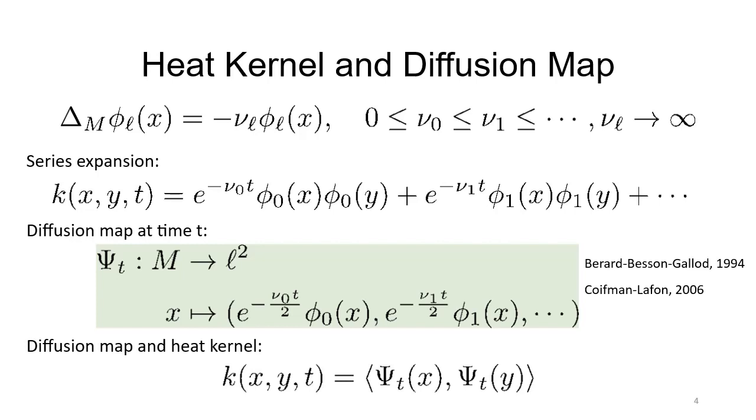The eigenvalues and eigenfunctions here are the so-called spectral information. And now you can see that the heat kernel actually encodes spectral information. So sometimes I say heat kernel, sometimes I say spectral information, but in a sense they are more or less equivalent.